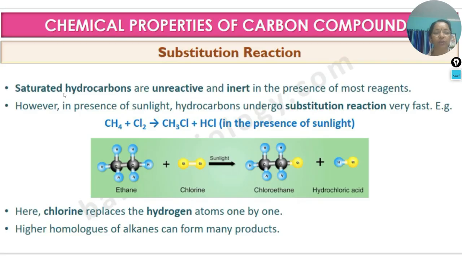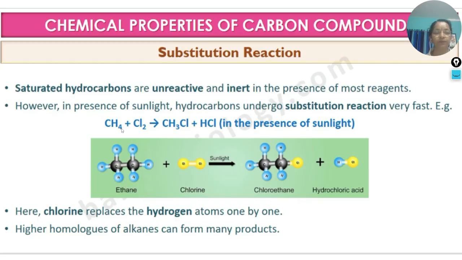So here what we are doing is removing hydrogens, and in that place we are keeping some other elements. We call it substitution reactions. See, usually saturated hydrocarbons are unreactive and inert in the presence of most reagents, but in presence of sunlight, hydrocarbons undergo substitution reaction very fast.